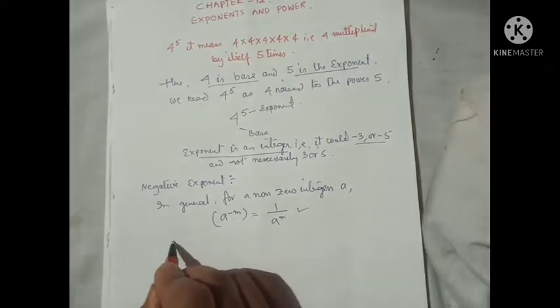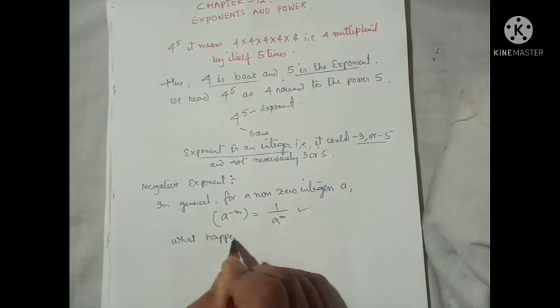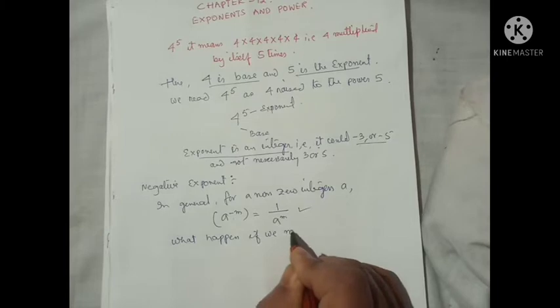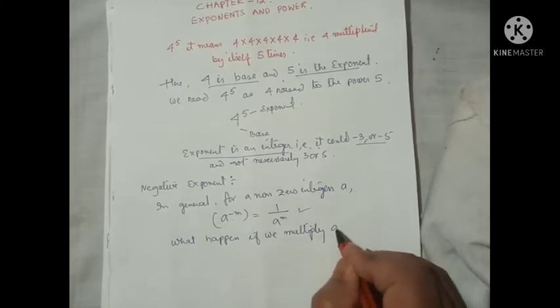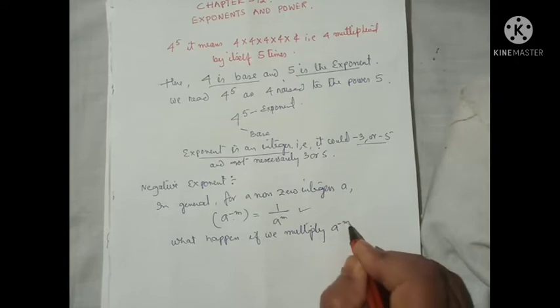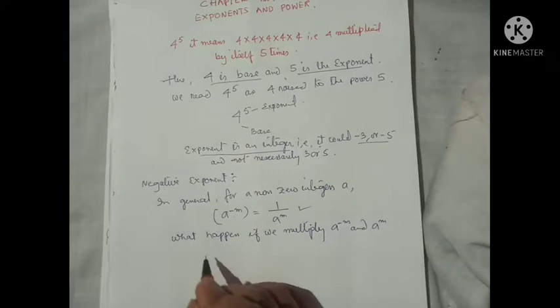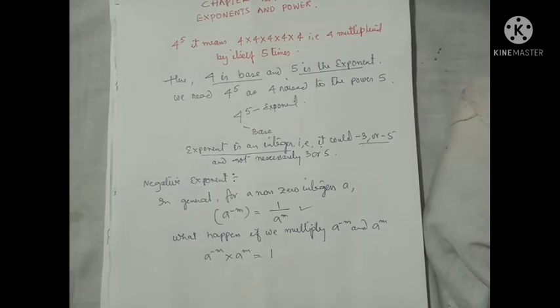So what happens? Let's see. What happens if we multiply a to the power minus m and a to the power m? What will the answer be? A to the power minus m into a to the power m is equal to 1. Right?